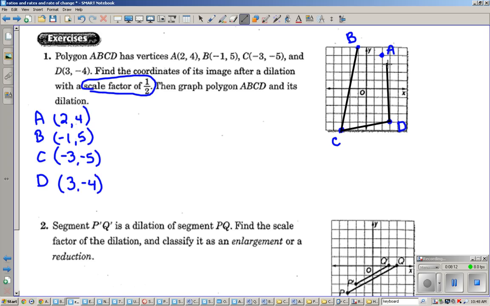Now, because you are using a scale factor of 1/2, is this going to be an enlargement or reduction? Good, it's going to be a reduction. So let's figure out what our ordered pairs are. I'm going to take each coordinate times 1/2. 2 times 1/2 is 1. 4 times 1/2 is 2. So our new A is going to be the ordered pair 1, 2.